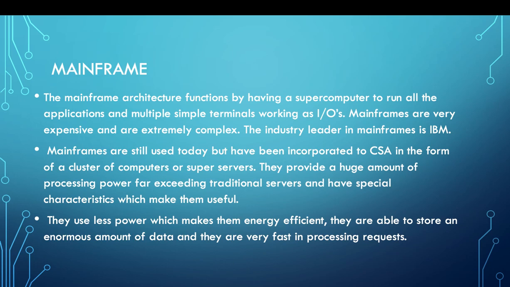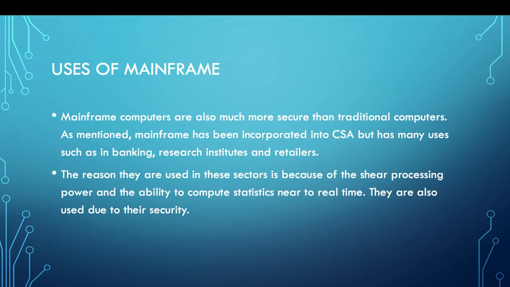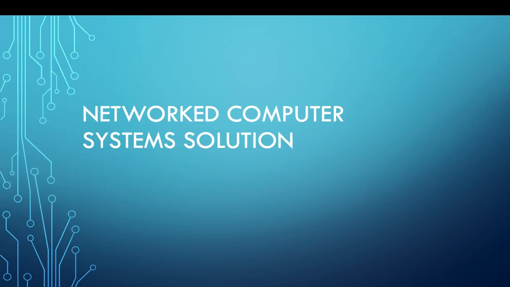They provide a huge amount of processing power, far exceeding traditional servers, and they have special characteristics. They use less power, they are energy efficient, and they can store and process large amounts of data. They are used in banking and research institutes, and they are more secure than traditional computers and have a huge amount of sheer processing power.